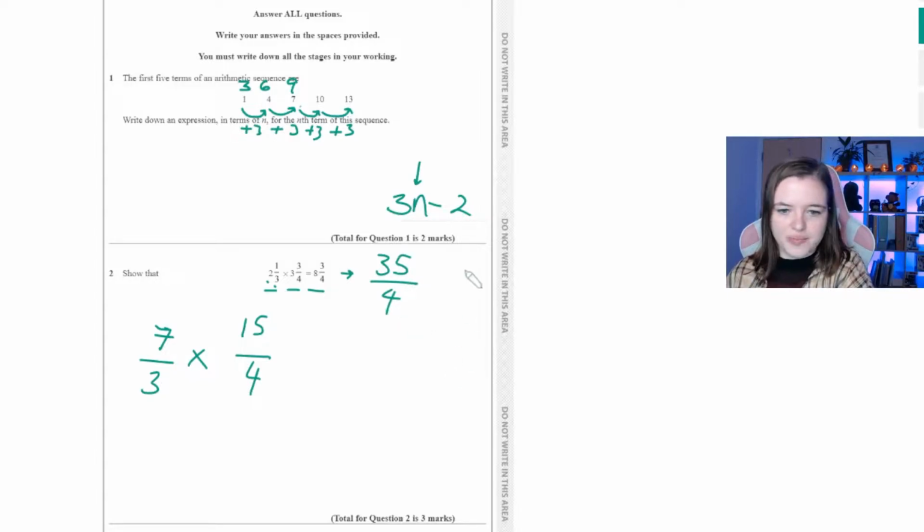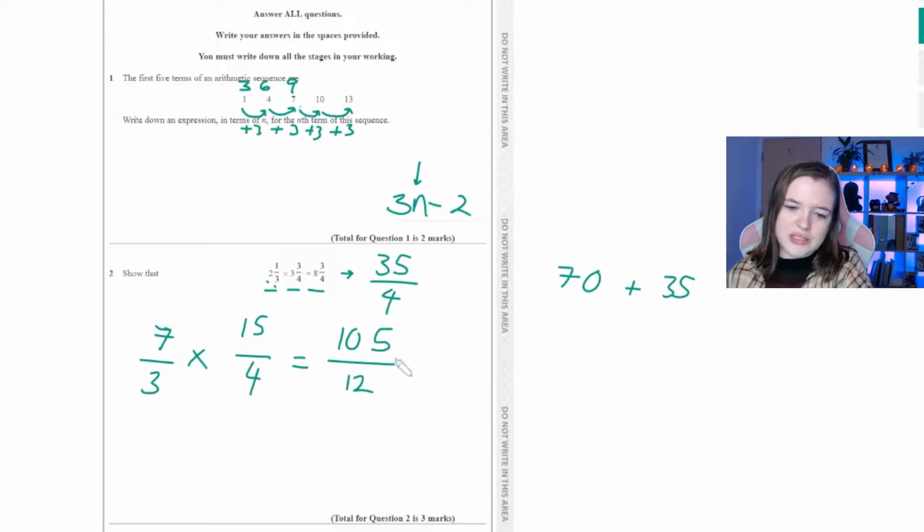Okie dokie then. Right, all we need to do is multiply these together. So 7 times 15 and 3 times 4. 7 times 15, golly gosh, that's 70 from 7 times 10, and then 7 times 5, that's 35. Add these together, that's 105 over 3 times 4, which is 12.